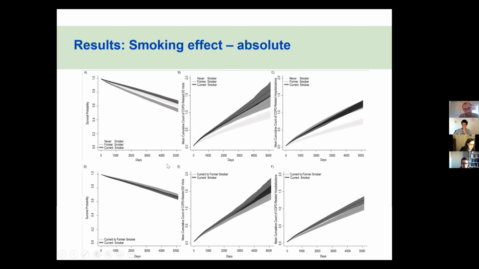And you can see that now the model behaves as you would expect, where you would see the survival gains for someone who switches from current smoker to former going in the direction that you would have expected. And the same holds true for the current to former smoker with respect to ED visits and hospitalizations.